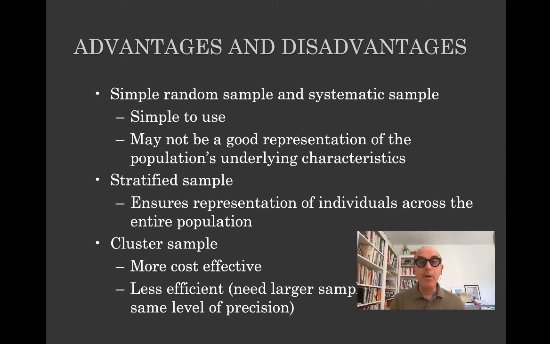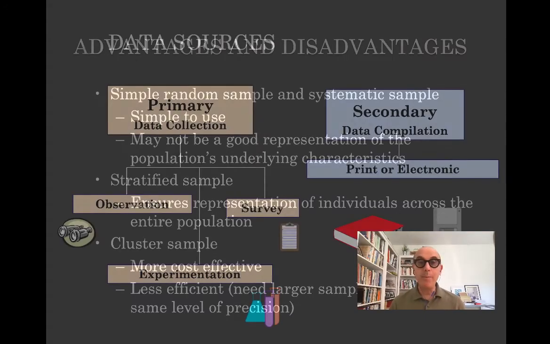Stratified sample ensures representation of individuals across the entire population, and cluster sample is the most cost efficient, but it is less efficient, needing a larger sample to acquire the same level of precision, and we will talk about that later on.